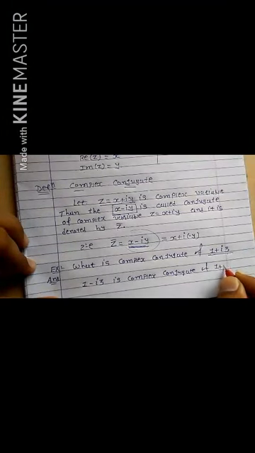of 1 plus i3. Here real part is x, here real part is x. Here imaginary part is plus 3, but here minus 3. 1 minus i3 is the complex conjugate of 1 plus i3.